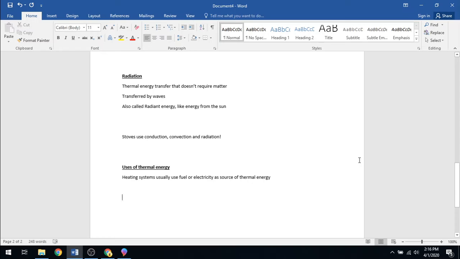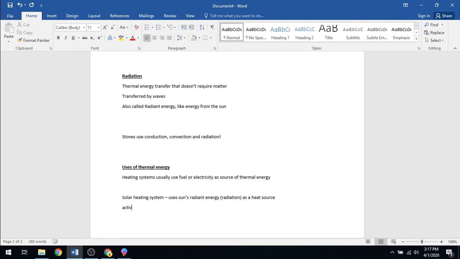Another type of heating system is called a solar heating system, which uses the sun's radiant energy or radiation as a heat source. So there's two types of solar heating systems.